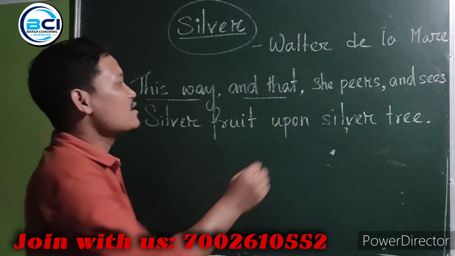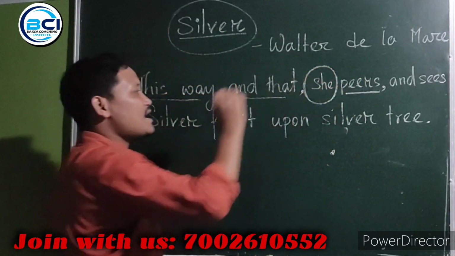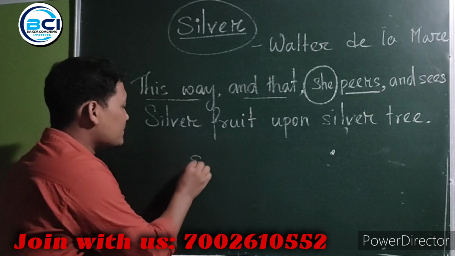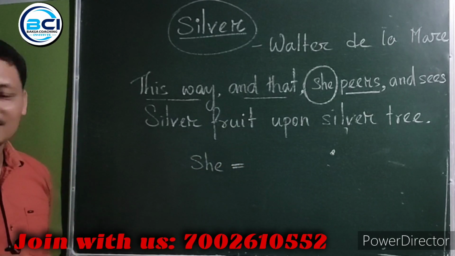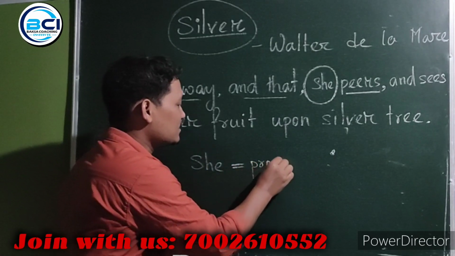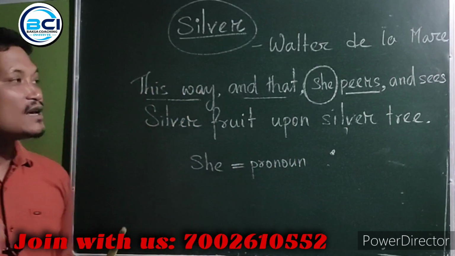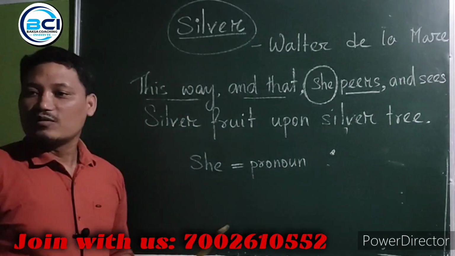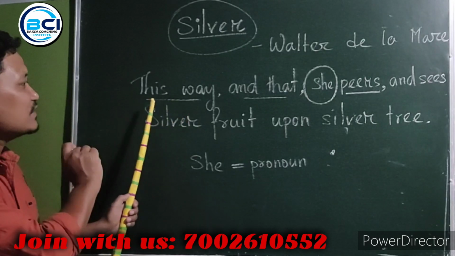She peers. Remember, this is the subject again. She is the pronoun. The word she is a pronoun. Am I right? The pronoun is a word which is used in place of a noun. Which word is the noun here? There is no noun.